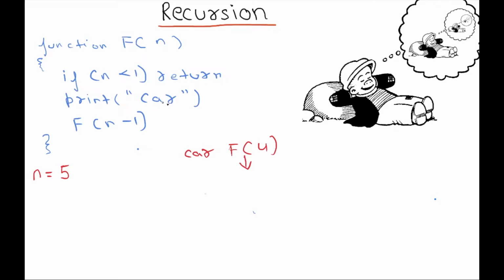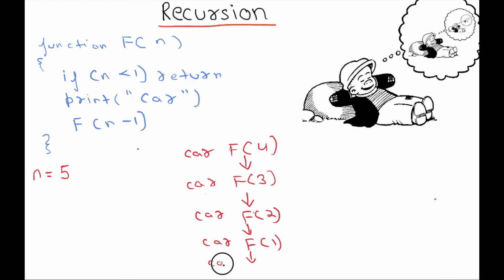In the next line it prints car and calls f3, and again f3 prints car and calls f2, and again f2 prints car and calls f1, and again f1 prints car and calls f0.